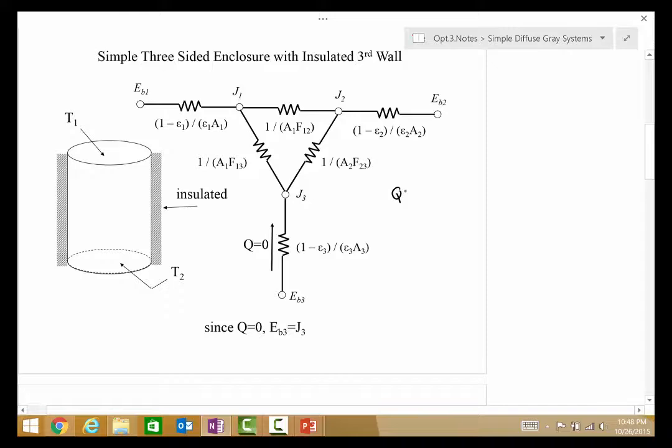If you think about that, if Q equals 0 equals EB3 minus J3 over the surface resistance of 3, it means, multiplying through by RS3, that EB3 is equal to J3. So the radiosity and the blackbody emissive power for surface 3 are the same.